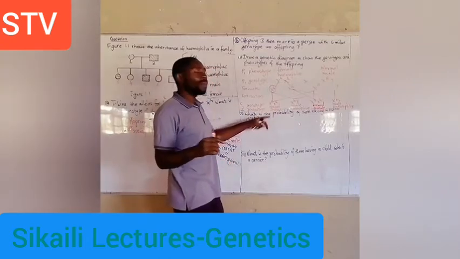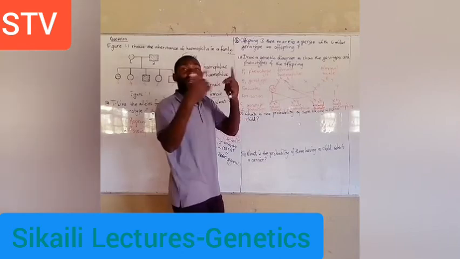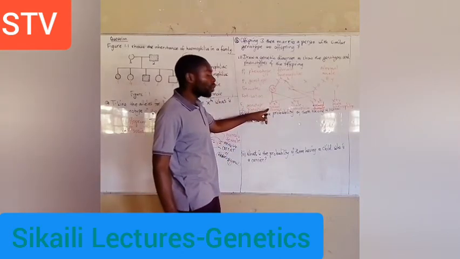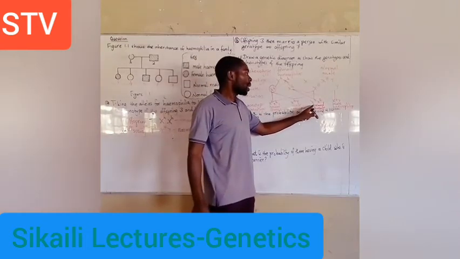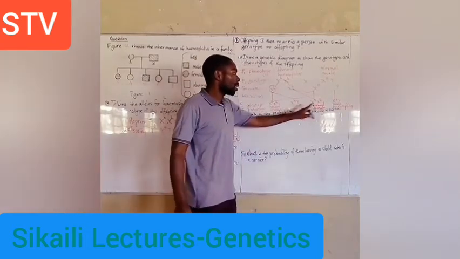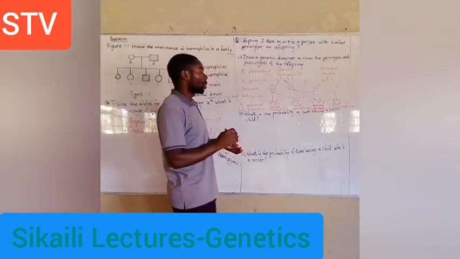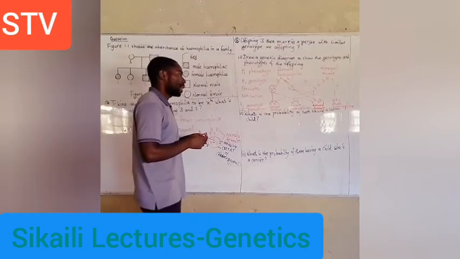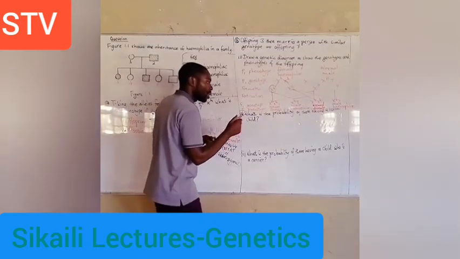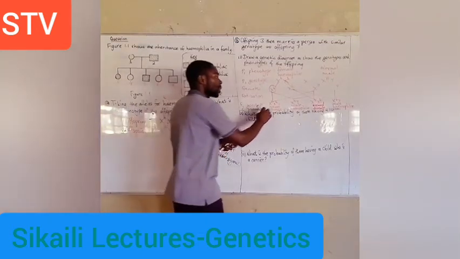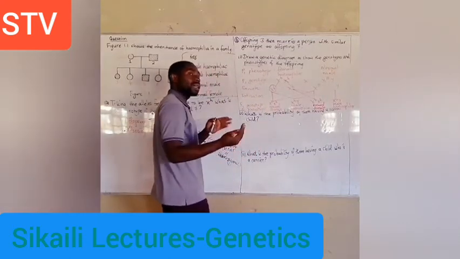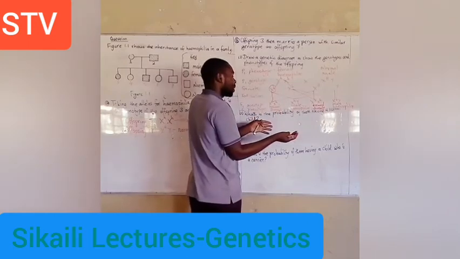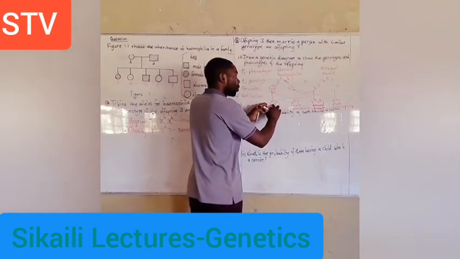Now, the only thing that you should know is that this normal female has a probability of passing the hemophilia to another generation, provided that one is also a carrier. So this is a normal female carrier. This is a normal female carrier too. These are all affected or infected. What is the probability? The first thing that you need to do is count how many are normal and how many are abnormal, or those that have got a problem. So we have normal 1 and normal 2.